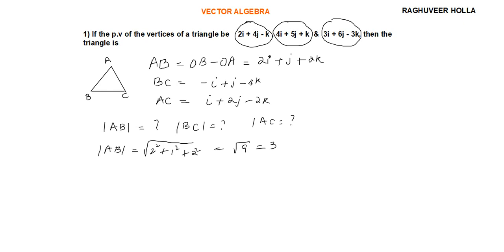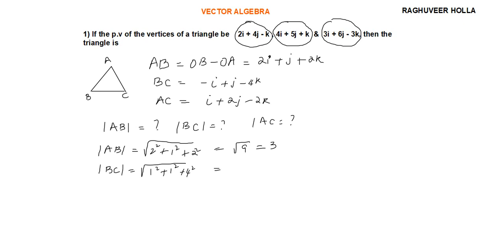Fine. Now let us find BC here. BC is equal to square root of 1 square, minus 1 square, 1 square again, and 4 square. Squaring that, I get 18.